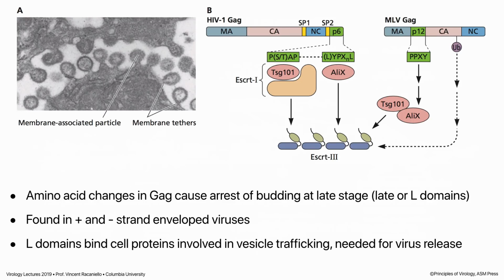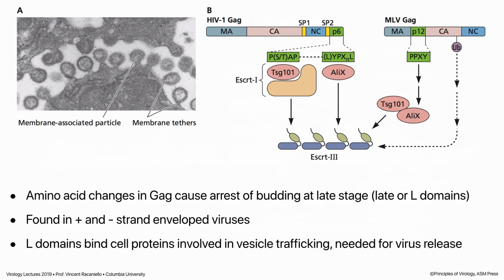All right, the last aspect of budding was discovered maybe 15 years ago, as virologists were making changes in the GAG protein of HIV and a murine retrovirus, MLV. And they found that amino acid changes in this part of GAG, P6 or P12, depending on the virus. It's this small protein.